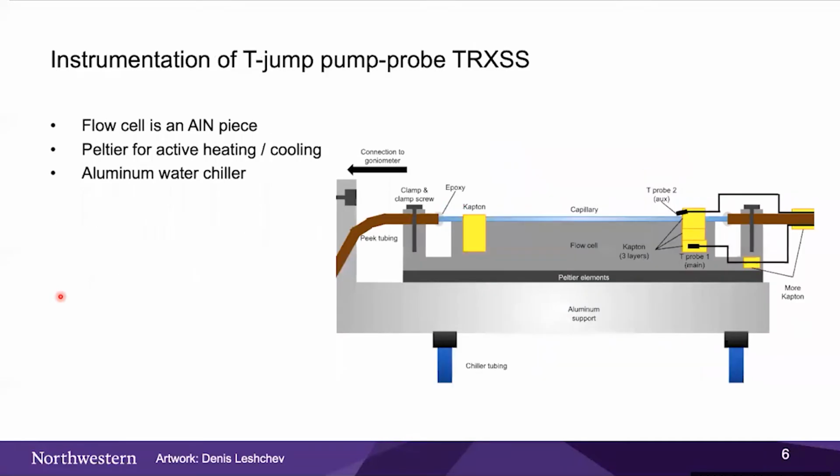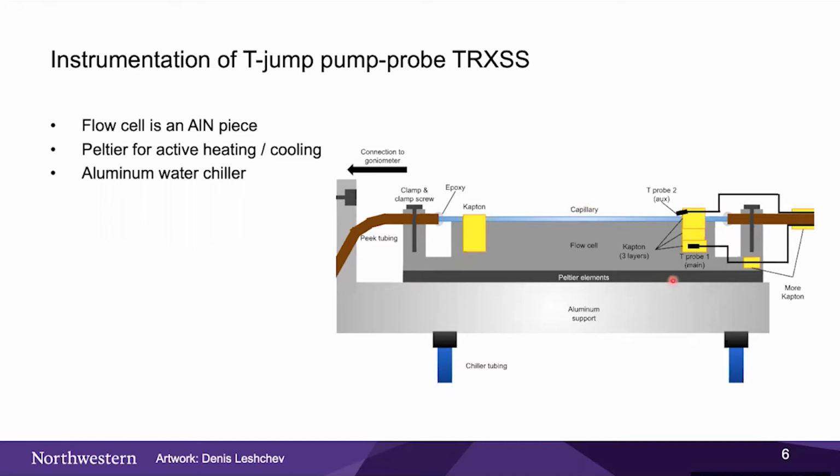In our group, we have developed this really interesting flow cell, and the artwork is credited to Dennis Leshev, who was a postdoc, an extremely talented postdoc at our group. So I just think that because this is about our talk, it would be interesting to talk about this flow cell. And this flow cell is made of an aluminum nitride piece, which is an excellent heat conductor and allows us to control the temperature at the capillary point.